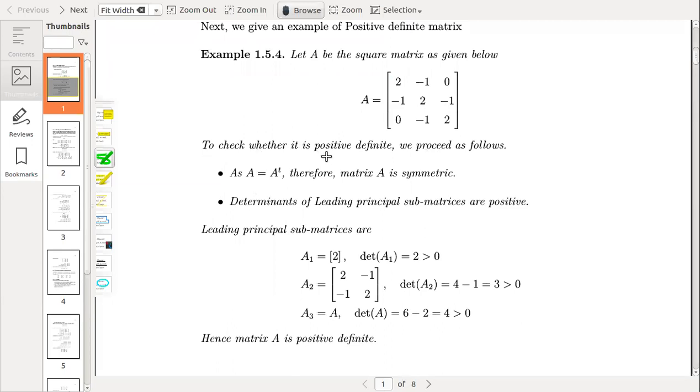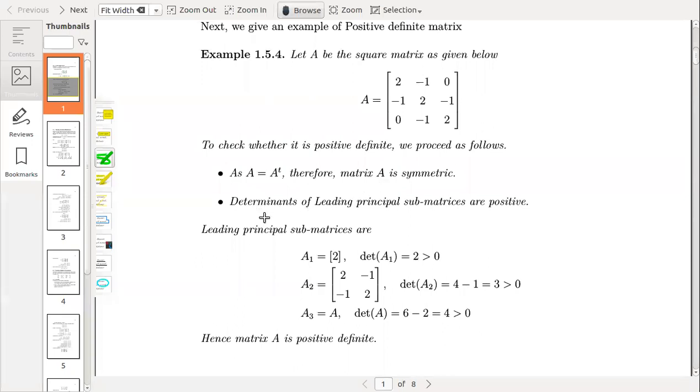The first condition is to check whether it is symmetric. It is symmetric because if you change the rows into columns, you obtain the same entries. So A is equal to A transpose, and therefore matrix A is symmetric.